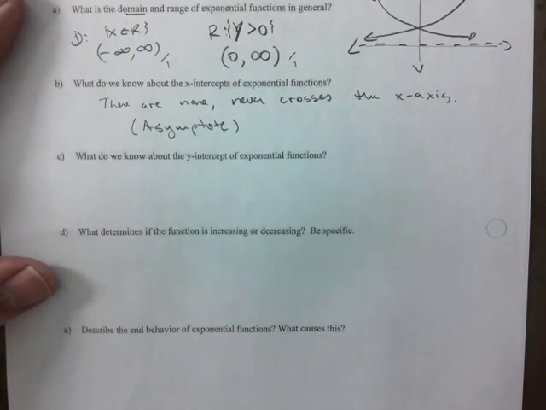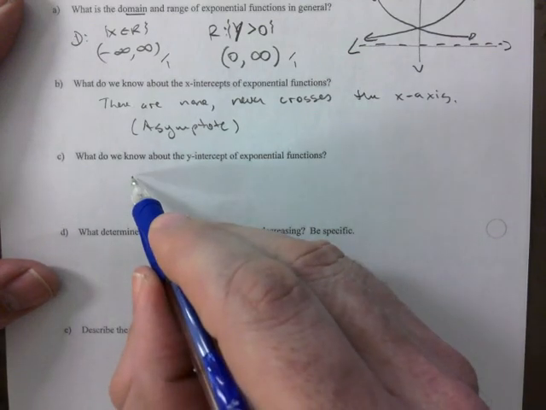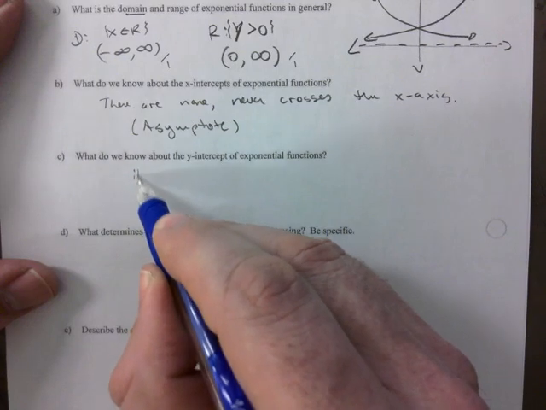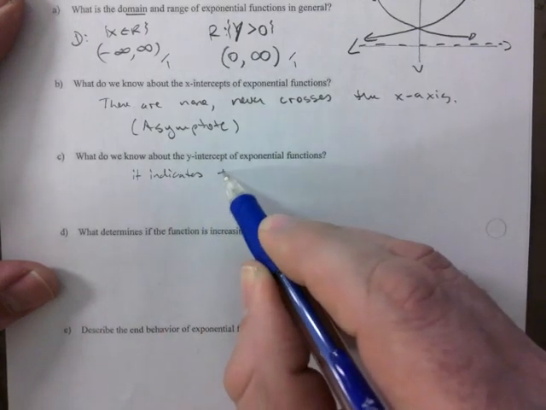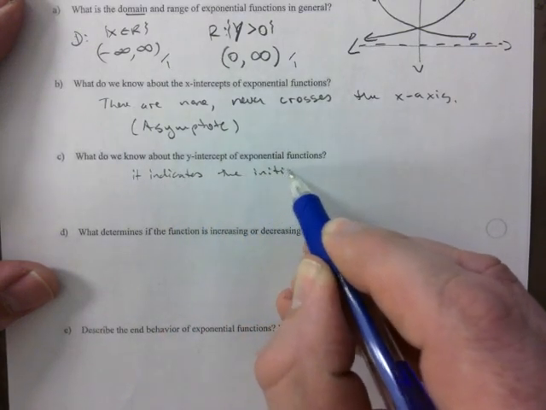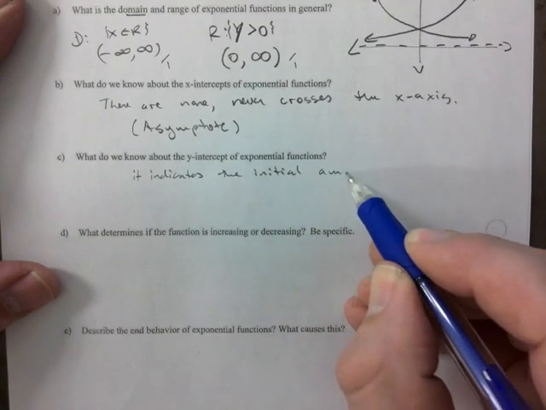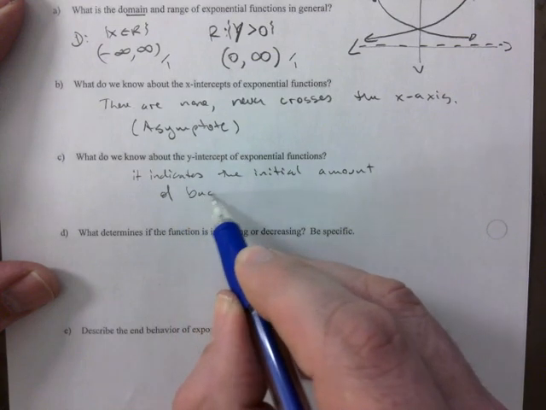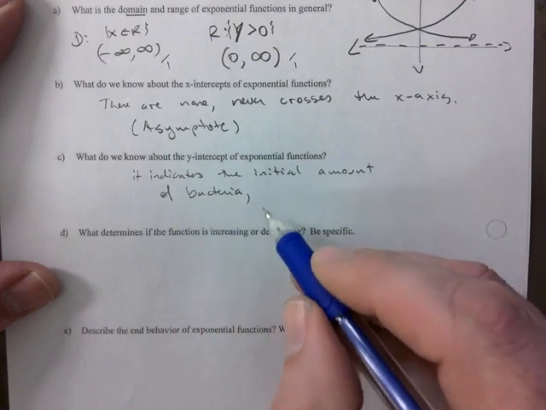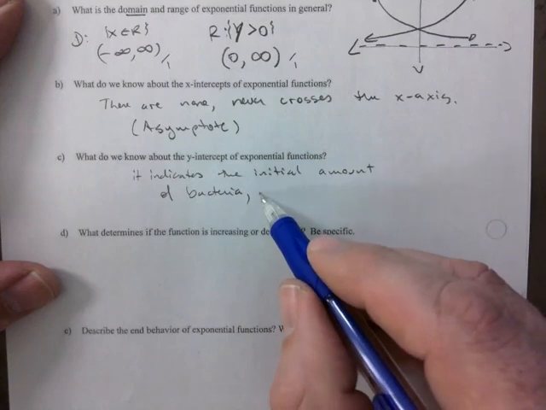What do we know about the y-intercept of exponential functions? It indicates the initial amount of bacteria, radiation, etc.